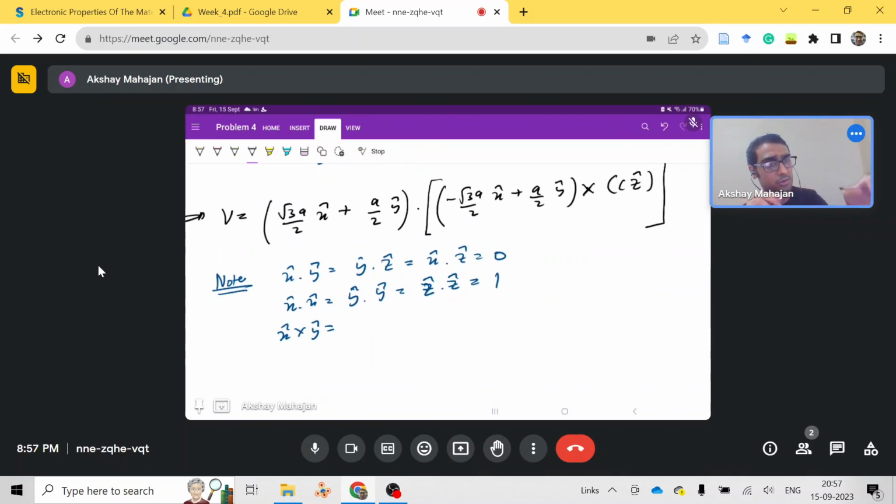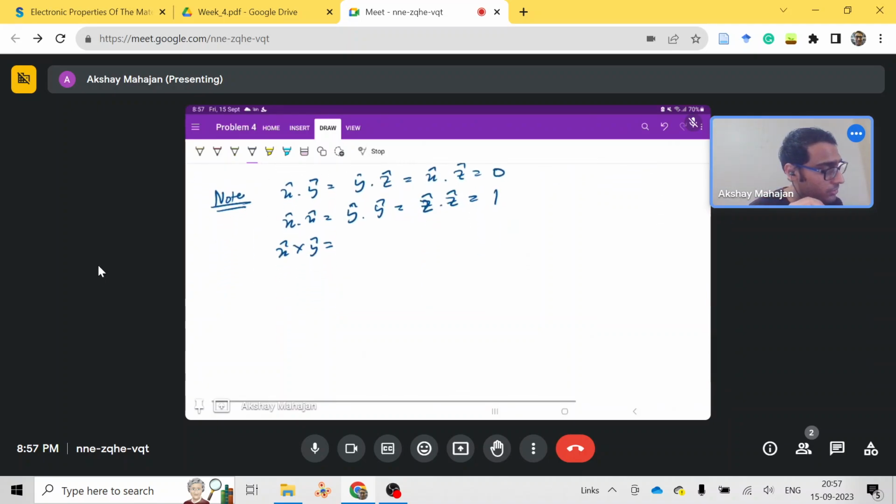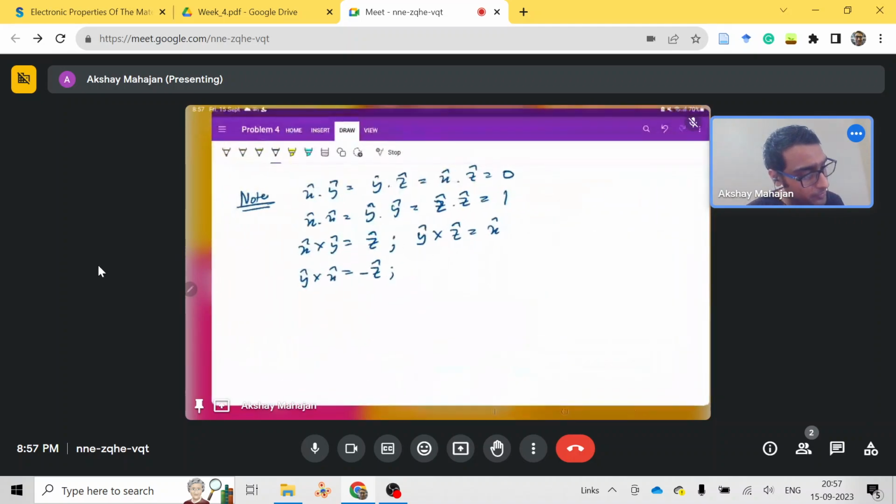We can solve it by the determinant method as well, I guess, but just writing it out would also be easy. If you know x cap cross y cap will give you z cap, then y cap cross z cap will give you x cap, and similarly z cap cross x cap will give you y cap. Then y cap cross x cap, if you have it instead of x cap cross y cap, will give you a minus z cap. So this is the property of the cross products.